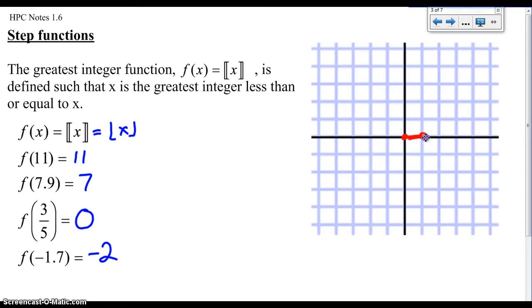Once I hit the value of 1, I would move up because I now have an integer value of 1, and up until I hit 2, I would stay at 1. And once I hit 2, the function moves upward, and this pattern continues.